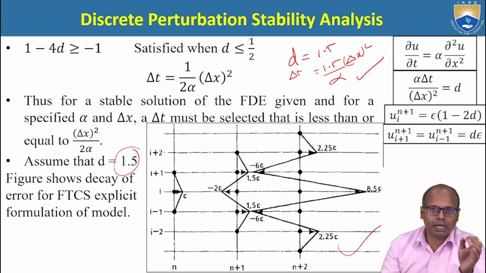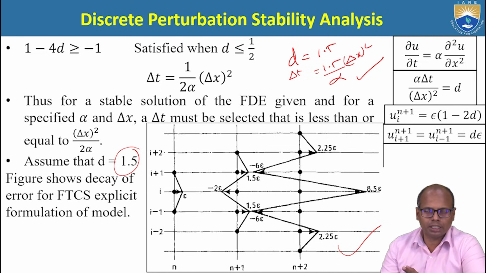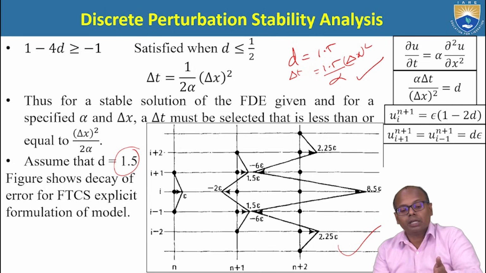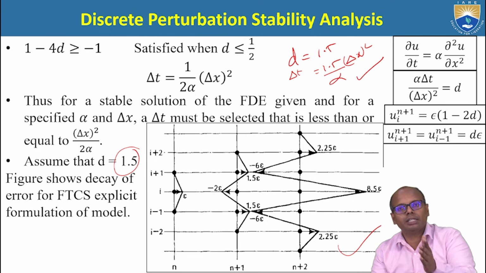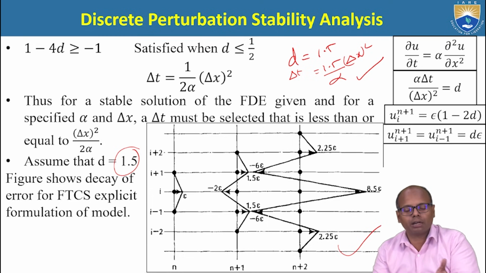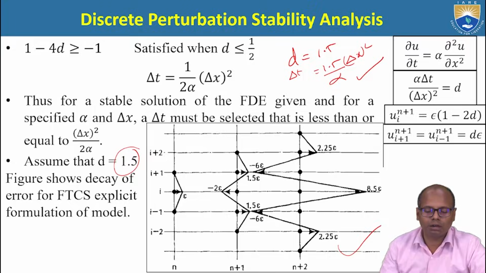We took the nth node and the n plus 1th node, we got that d should be less than or equal to 1, and after that we got d less than or equal to 2 by 3, and further we saw that at a particular location the condition is that d is less than or equal to half, where the error has become equal at all the nodes. So using that stability criteria, we have seen that if d is less than half, the solution is stable, and if it is greater than half, the solution is not stable.